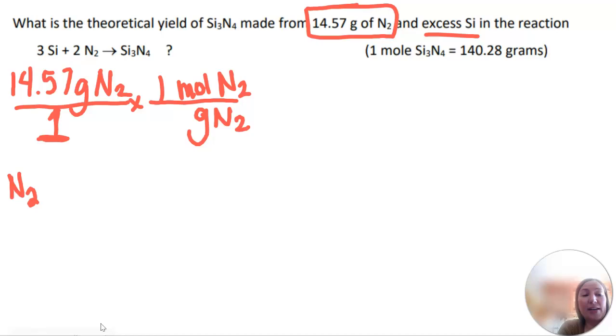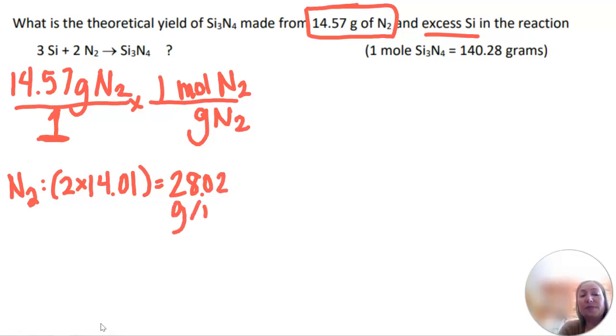Well, let's go ahead and calculate that molar mass. 2 times 14.01 on our table for nitrogen is 28.02 grams per mole, right? Or 28.02 grams are in every 1 mole of nitrogen.